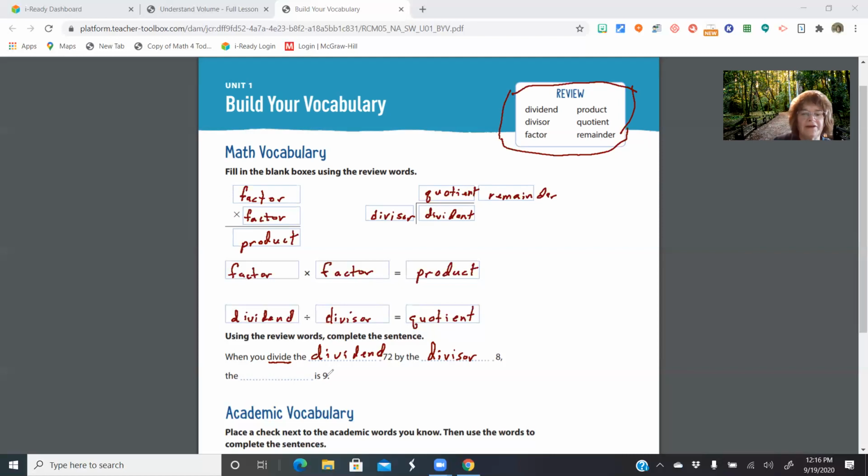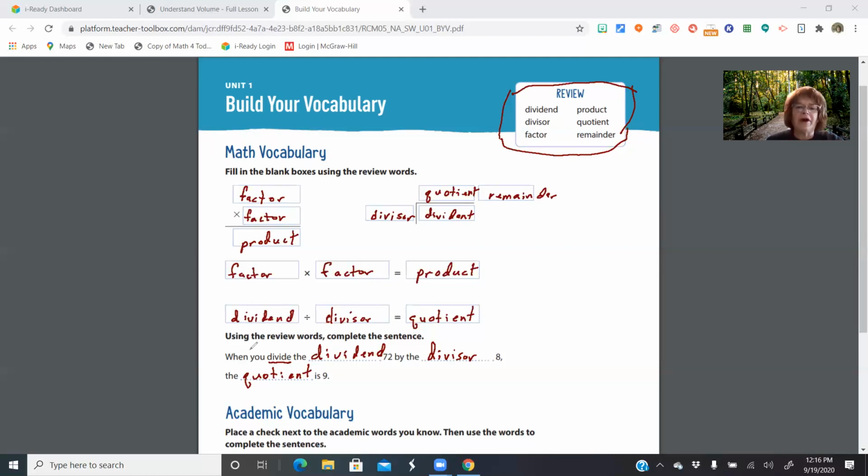The blank is 9. The answer for division is the word quotient. Now, I'm just going to tell you, you are going to be hearing these words through the math for all of 5th grade. So these are things you need to know.